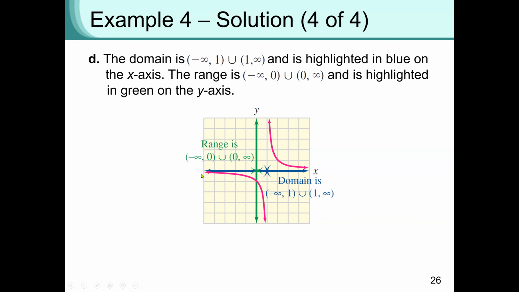So we can see that the range will go from negative infinity to 0, because this is where we end, 0. Then from 0 to positive infinity. Because this graph doesn't touch 1, it's somewhere around right before 1 through 0. So the range will be from negative infinity to 0.